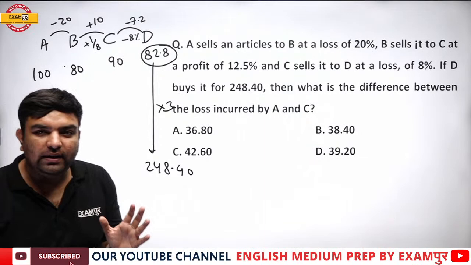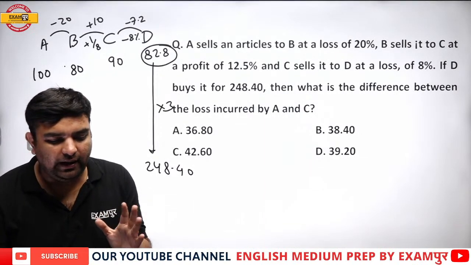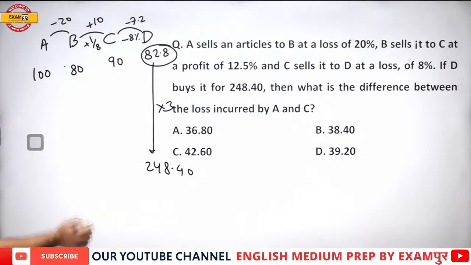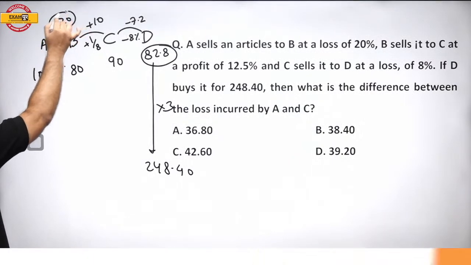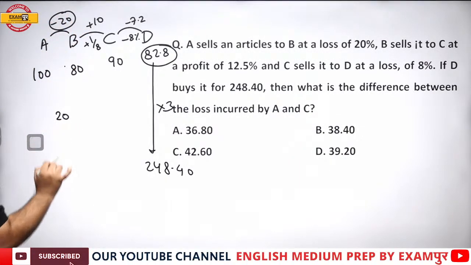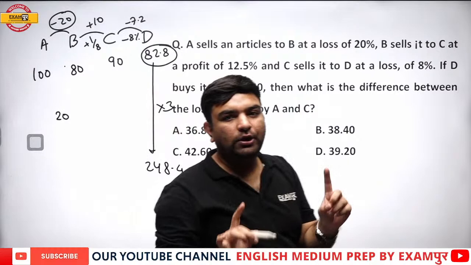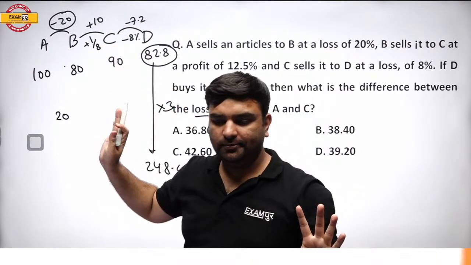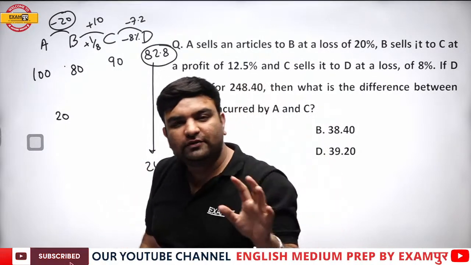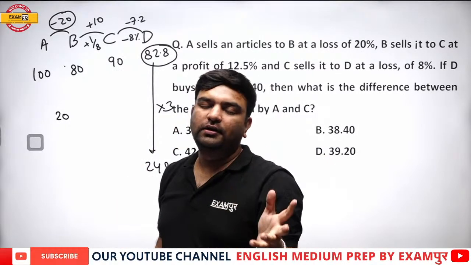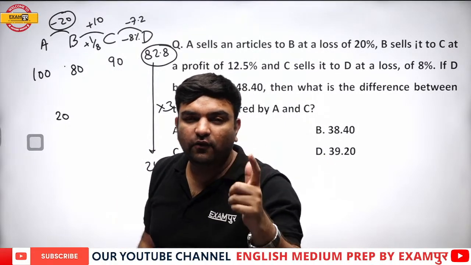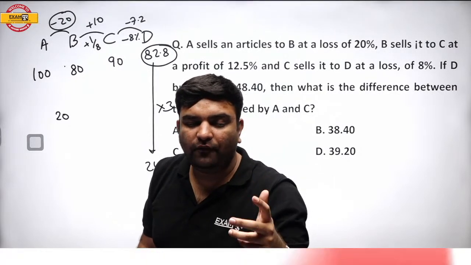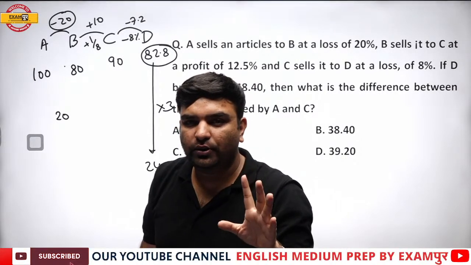What is the difference between the loss incurred by A and C? How much loss incurred by A? 20. Since the loss is already told, we need not take the negative sign. Since both of them are facing the loss, we are not taking the sign. If one was facing loss and one was having a profit, then we need to take the sign as well.